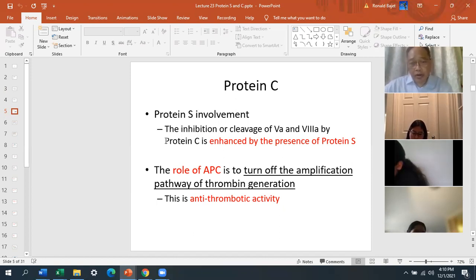So the role of APC, the activated protein C, is to turn off the amplification pathway of thrombin generation. I mentioned that early on. So this is antithrombotic activity, okay?